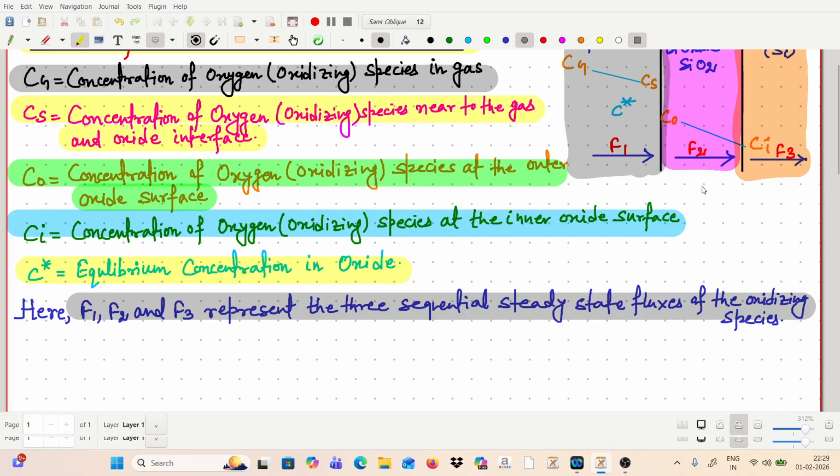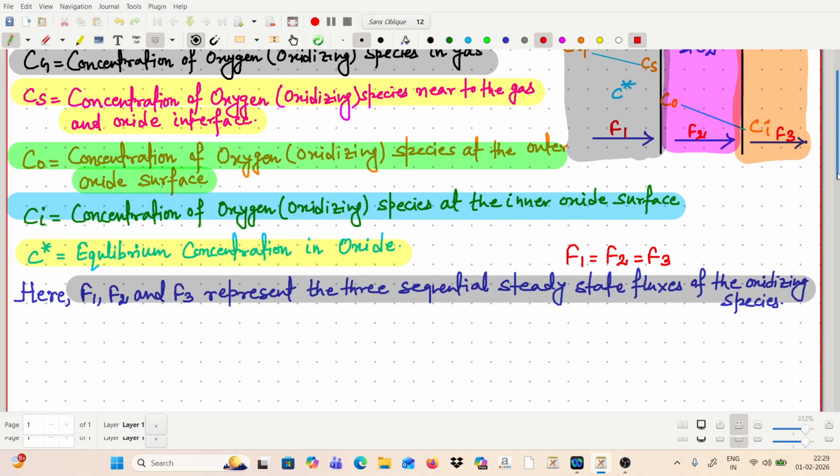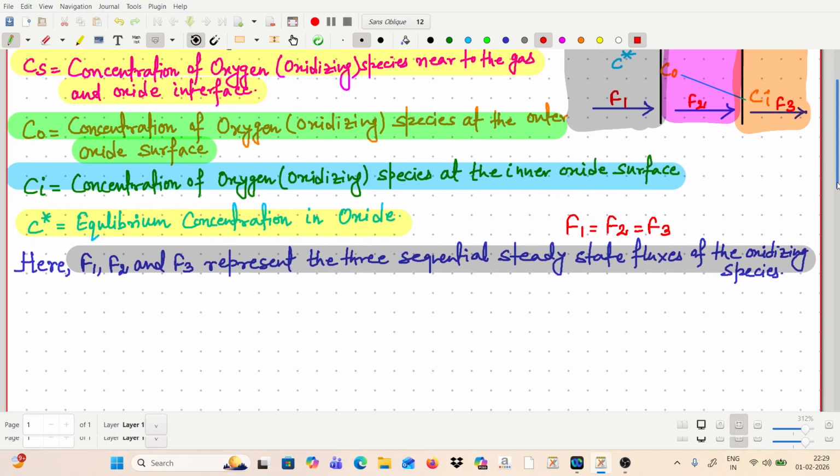At the steady state, F1 equals F2 equals F3. Now we start with F1. What does F1 denote? F1 is basically the flux from gas to oxide.